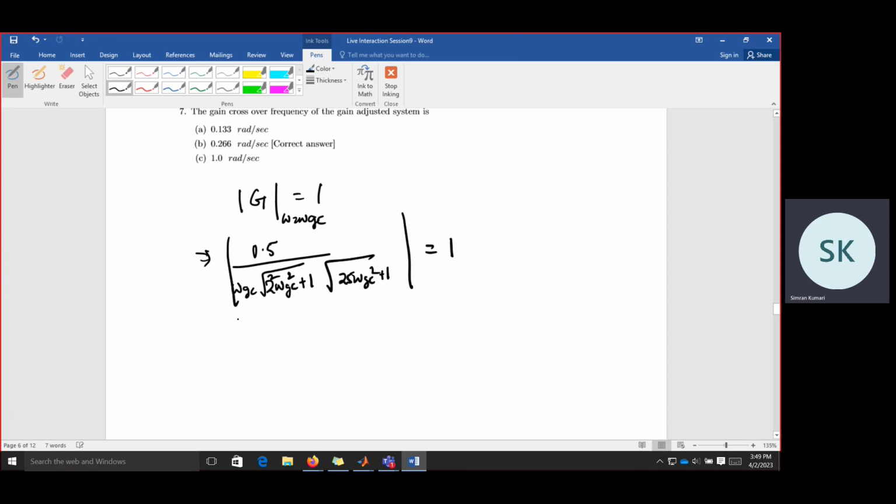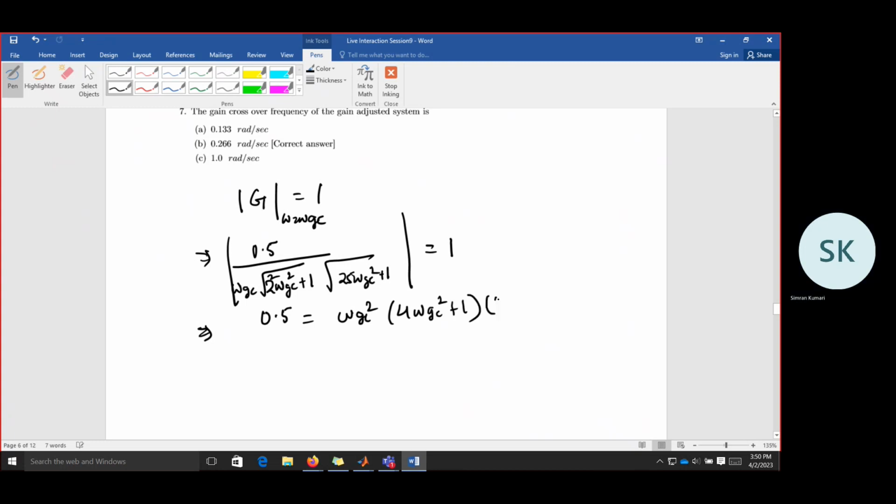So this should be equal to 1. Now we'll just equate it. We have this 0.5 equal to omega GC square, 4 omega GC square plus 1, 25 omega GC square plus 1.